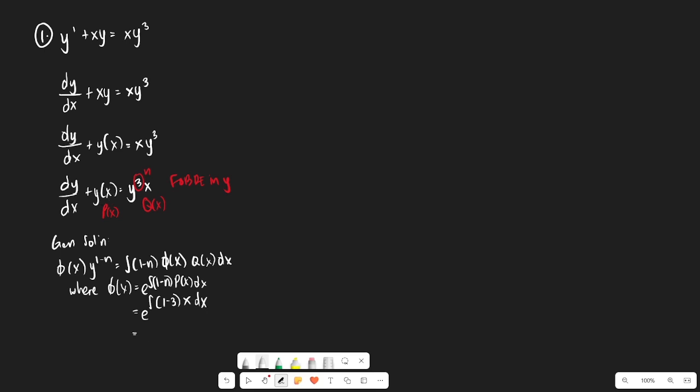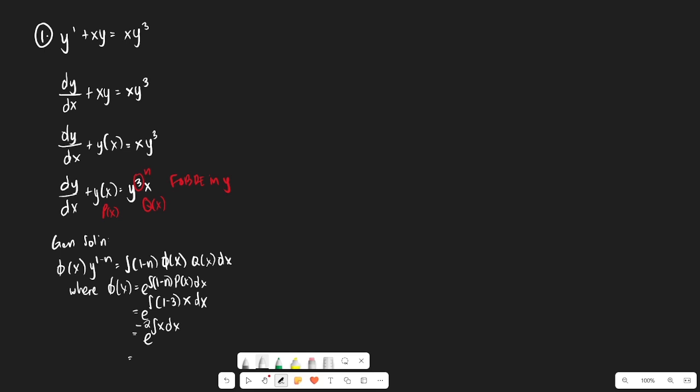So we can write this as e raised to the integral of negative 2x, or we can take out the negative 2. Then what we're going to have inside the integral is just x dx.